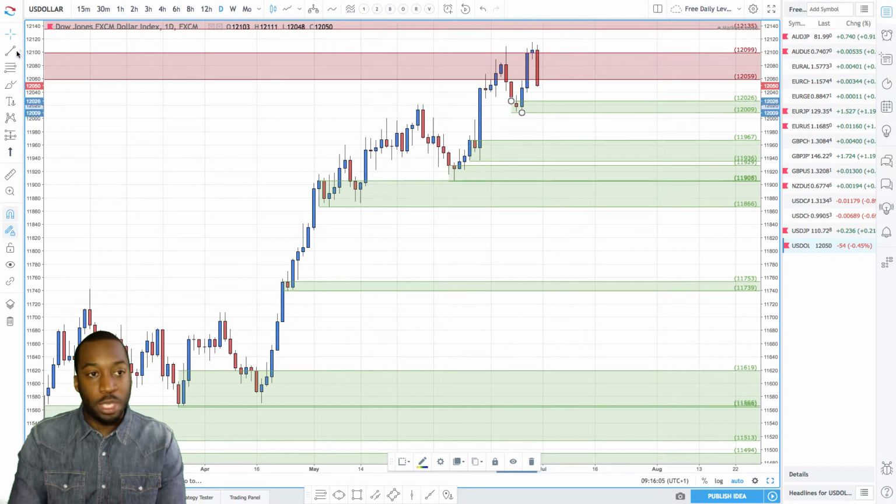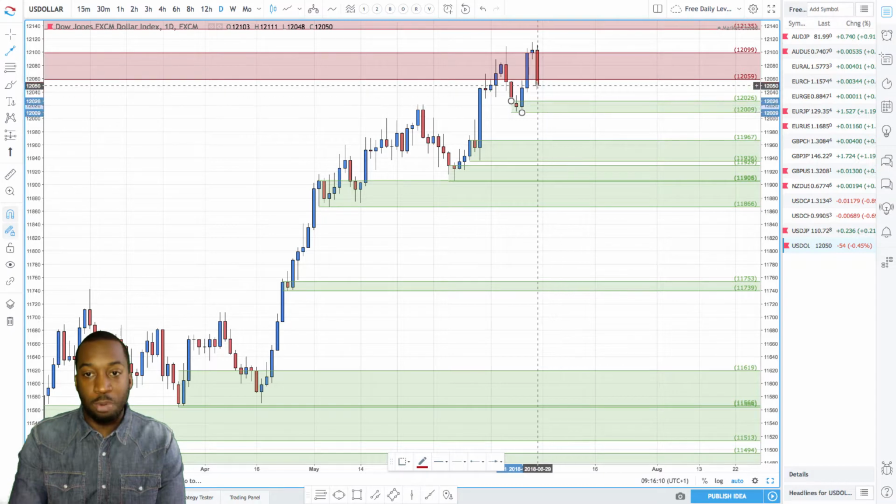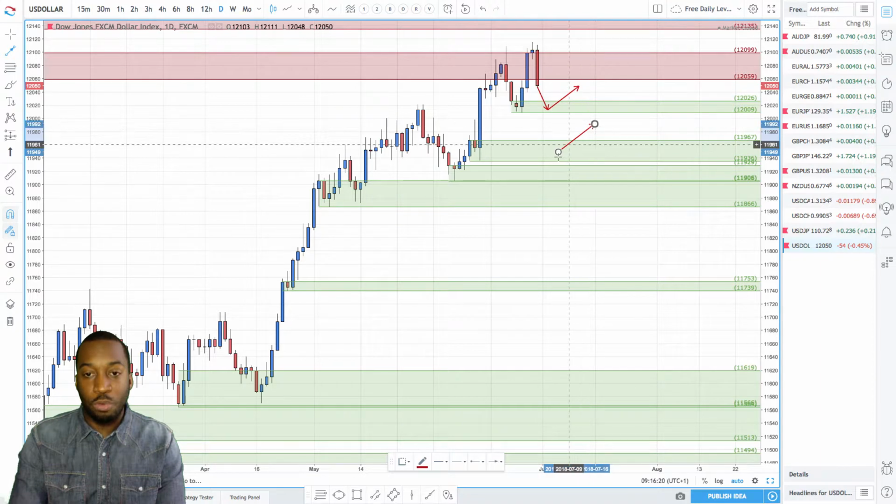And then if you're looking at longs, what you might want to do is wait for prices to come down into this area before looking at a long on a corresponding currency pair. This would be your next zone of demand, and then this would be your next area of demand.